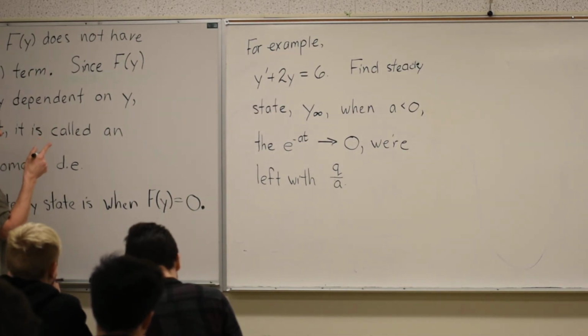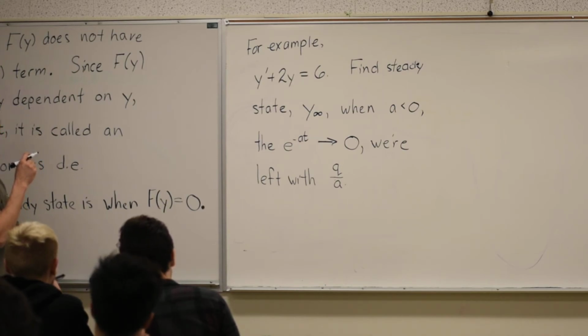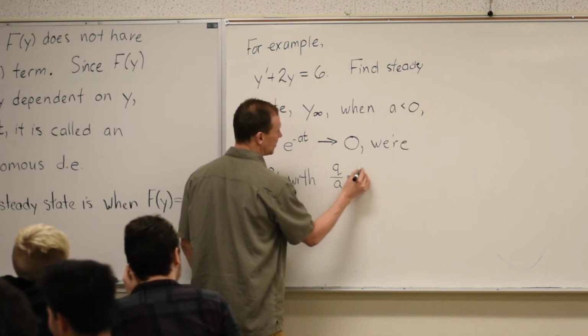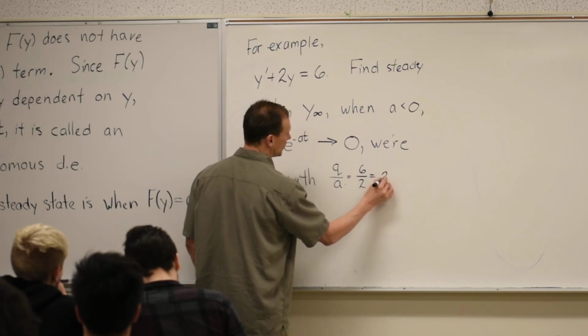In this problem, q is 6, a is 2, and so the steady state was 3. So here, q over a is 6 over 2, which was 3.